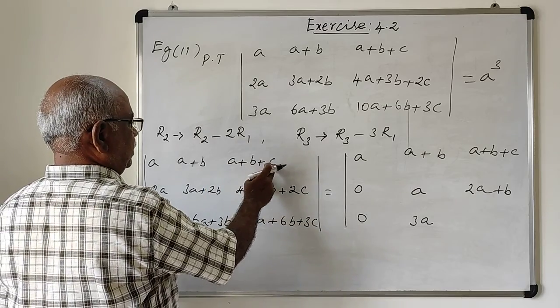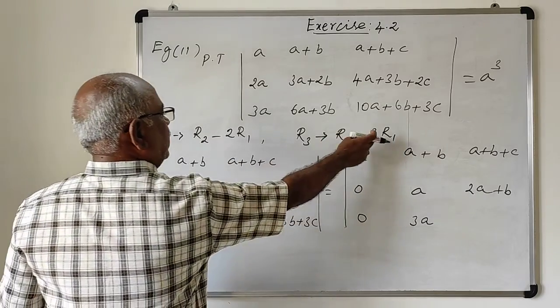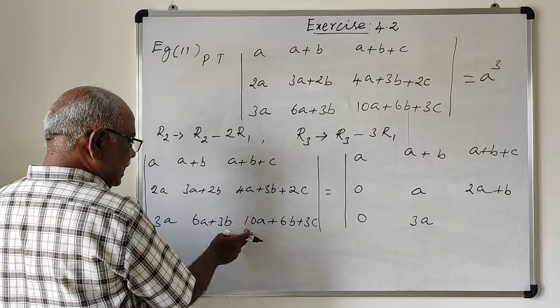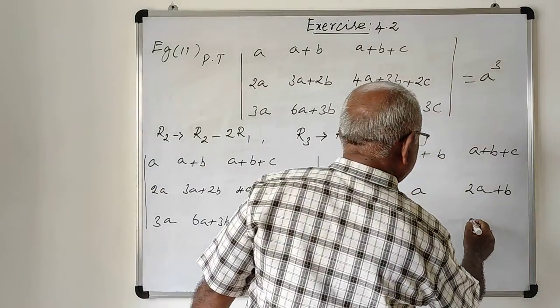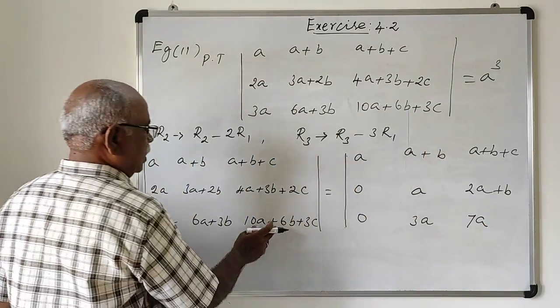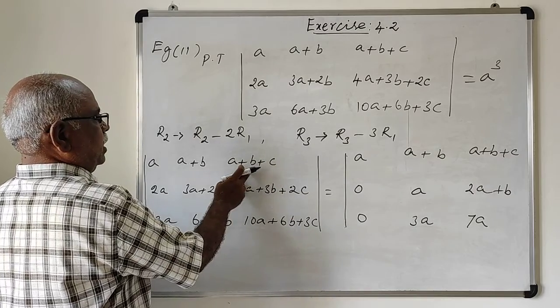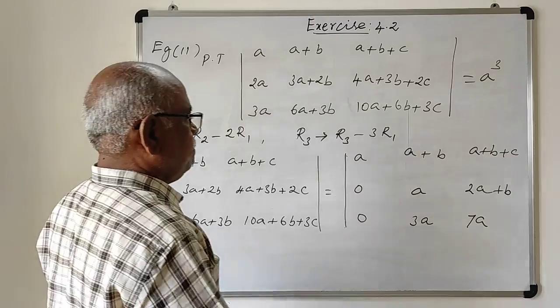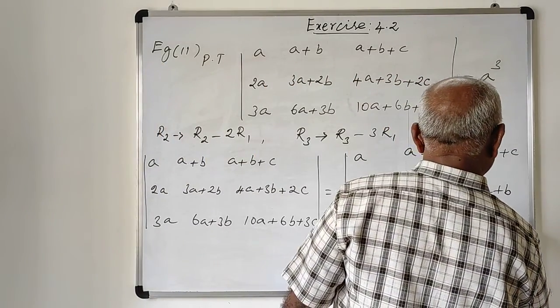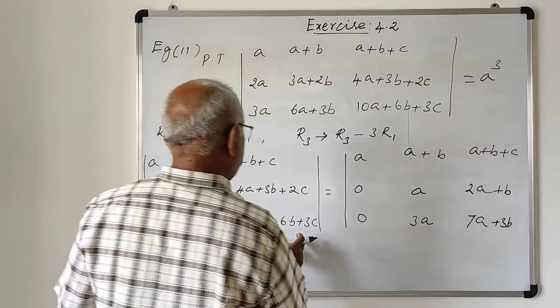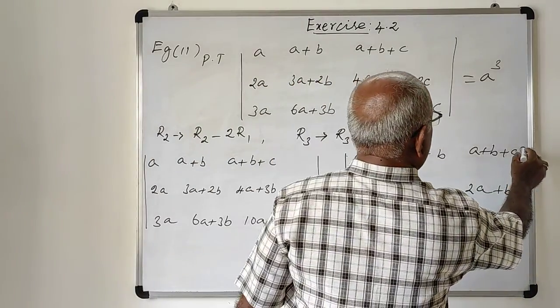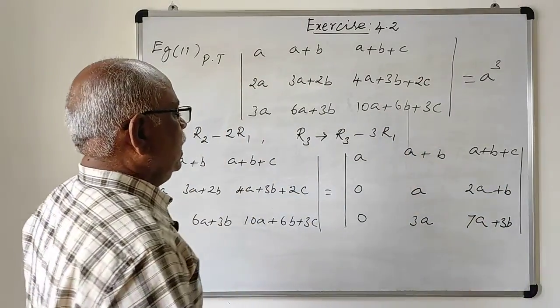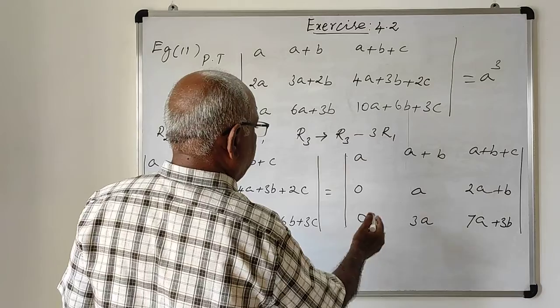Similarly, 10A plus 6B plus 3C minus 3A plus 3B plus 3C is 7A plus 3B, and 3C minus 3C is 0. That's all. Next, one more step here.